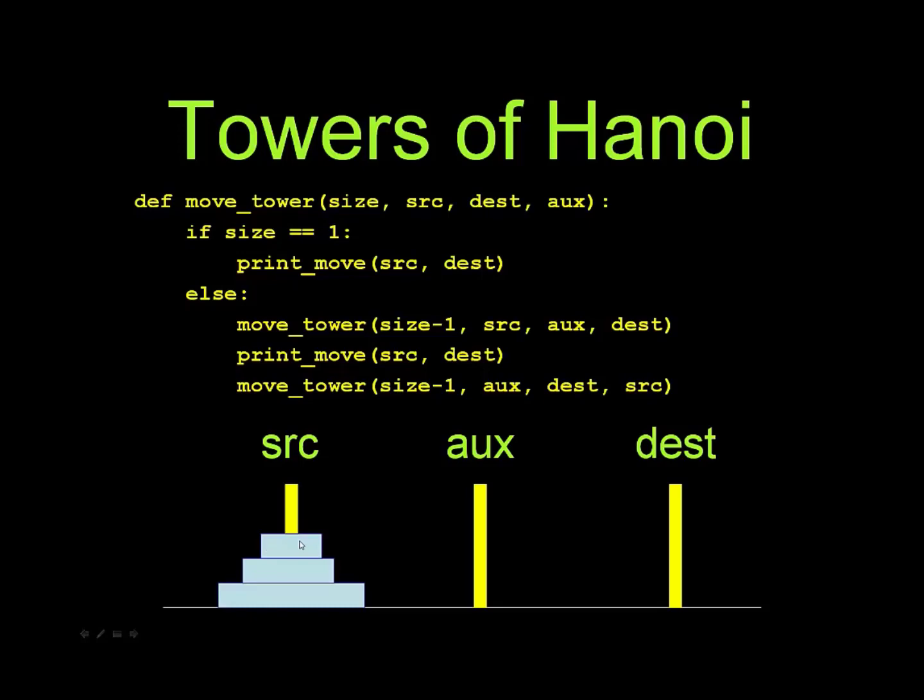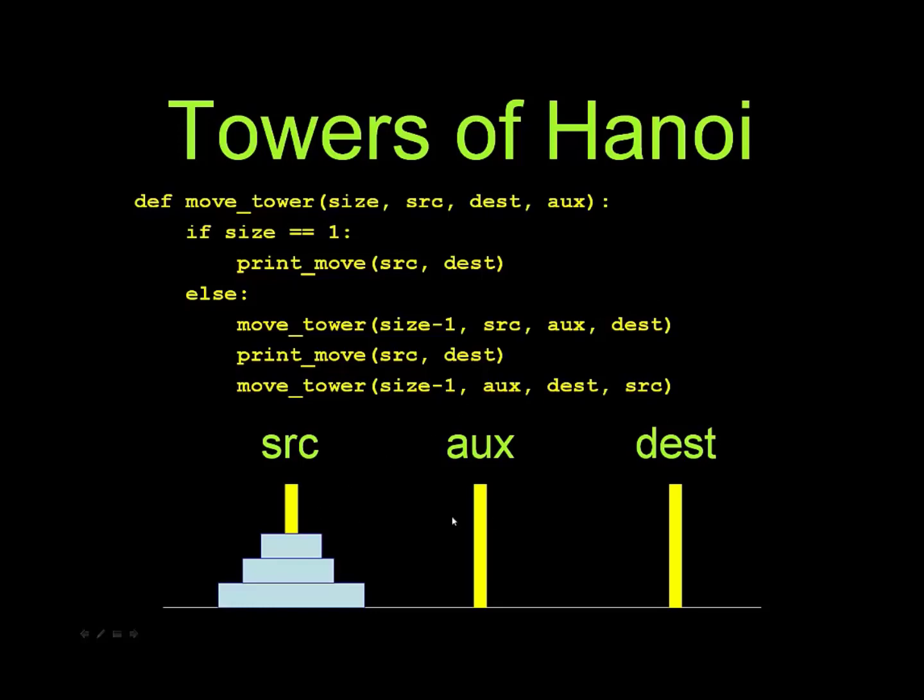You print the move from source to destination. That means if there's only 1 disk, you just move the 1 disk from here to there, and we're done. Now, if there are more than 1 disk, then what can we do? We can move tower, size - 1, source, aux, dest. What does that mean? It means you move n-1 disks from here to the aux, using the dest as the extra stick.